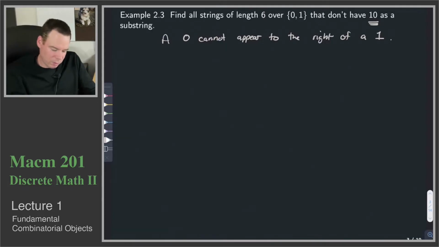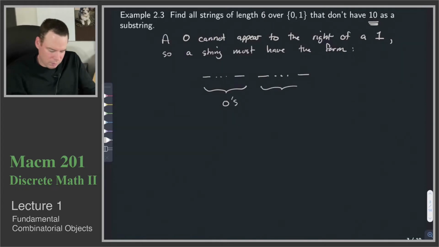So a 0 cannot appear to the right of a 1, so a string must have the form: a bunch of zeros at the start, and then a bunch of 1s that follow. And since our string is of length 6, what this means is that there are 6 places for the 1s to start.